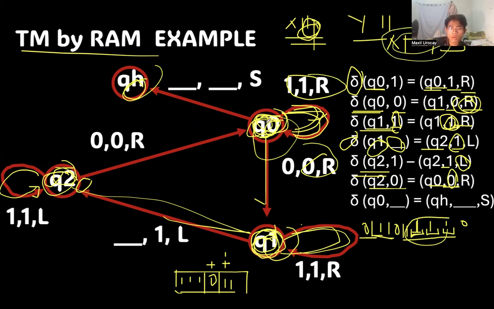Right now, if everything is done, the Turing machine reaches the blank spaces in state Q0. If we are in state Q0, it halts in QH, stopping further processing. We are not writing anymore in our empty spaces.